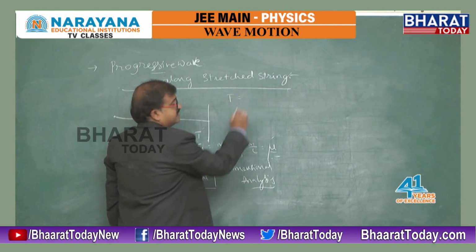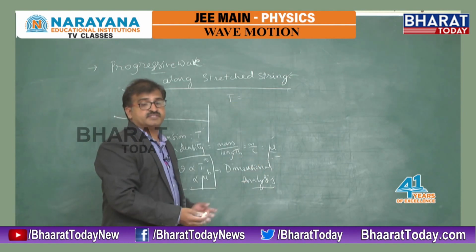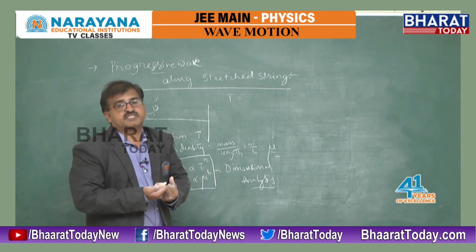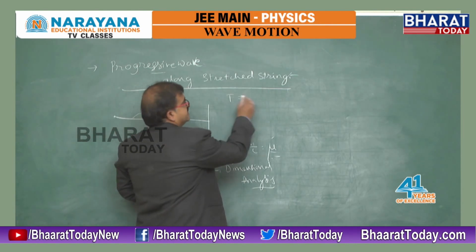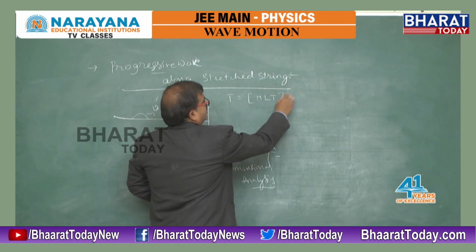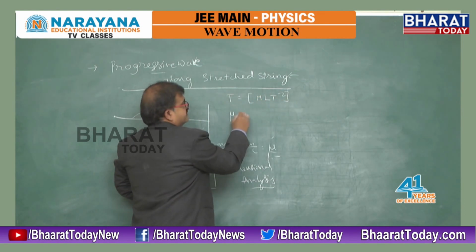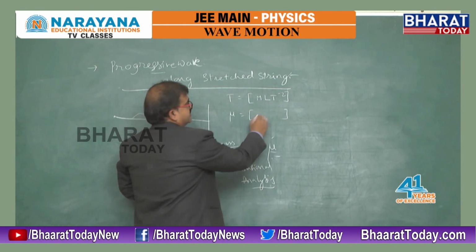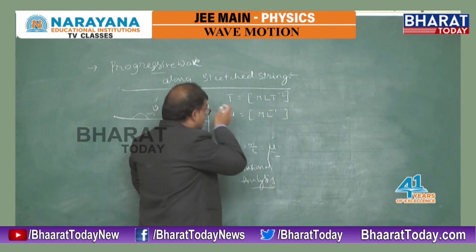To go through this, so that we can derive a relationship between velocity, tension and mu. We know that tension is nothing but the restoring force developed between the molecules of the string, which is responsible for it. The dimensional formula for this one is M L T power minus 2. Mass per unit length has dimensional formula M L power minus 1.